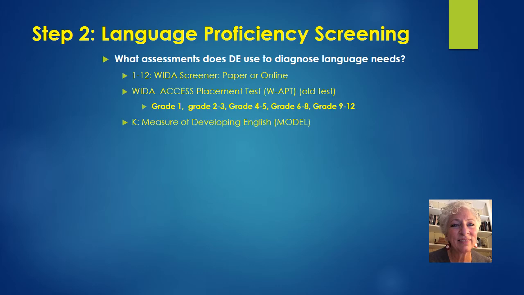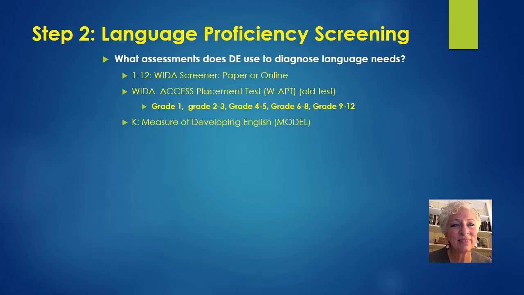So here's what is available in Delaware now. For grades 1 in the spring through 12, the new screening test is actually called WIDA Screener, and I understand that there are both paper and online versions of that screening.